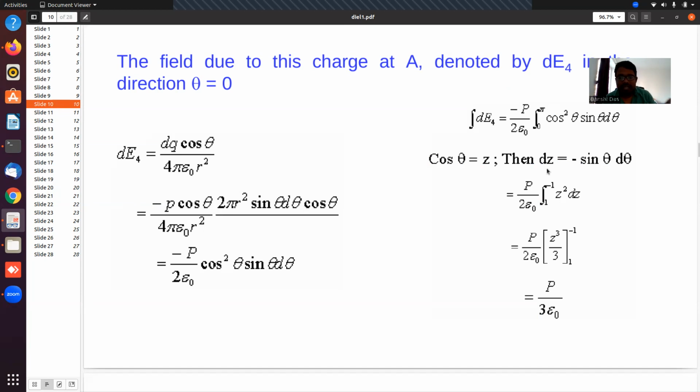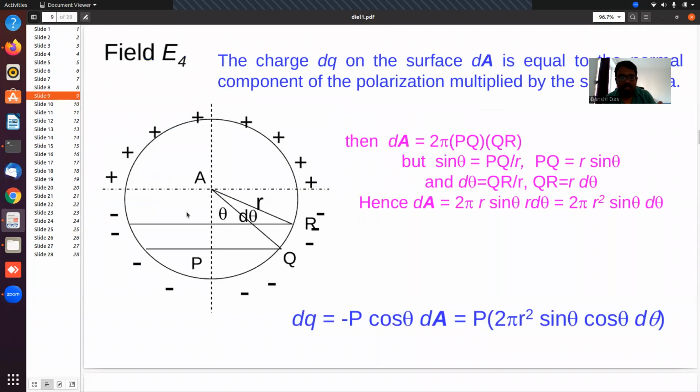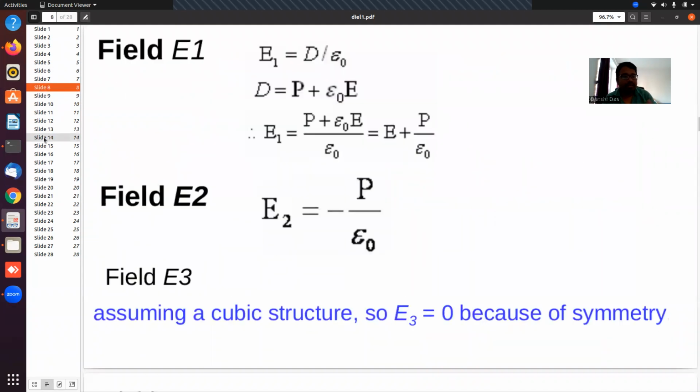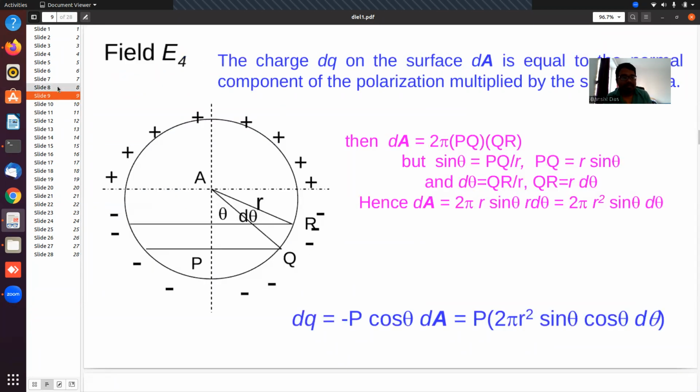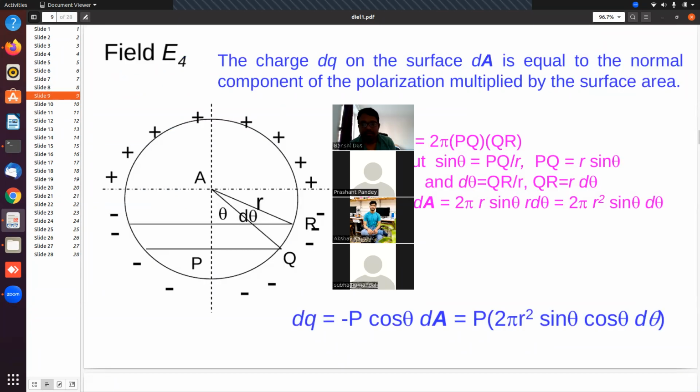We can integrate it over the whole sphere, so theta is integrated from 0 to pi. We can get this expression, P by 3 epsilon. So it is a simple derivation. I will stop here for discussion. It is just derivation.